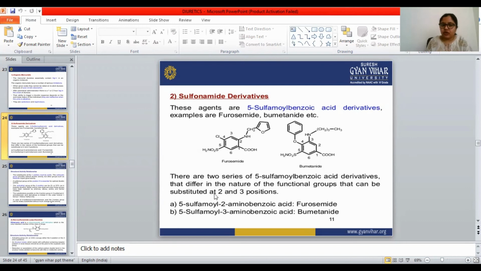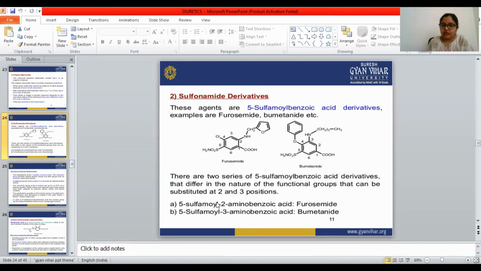Both furosemide and bumetanide have the 5-sulfonamide benzoic acid group. In furosemide there is a 2-amino benzoic acid, and in bumetanide there is a 3-amino benzoic acid.